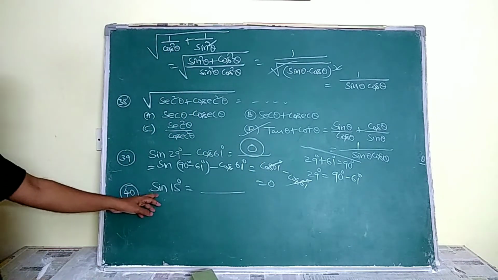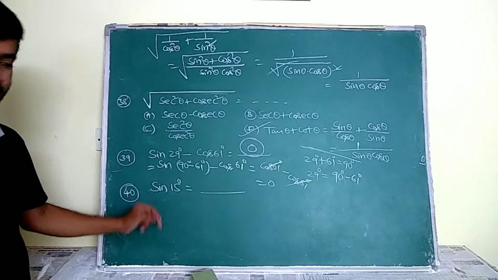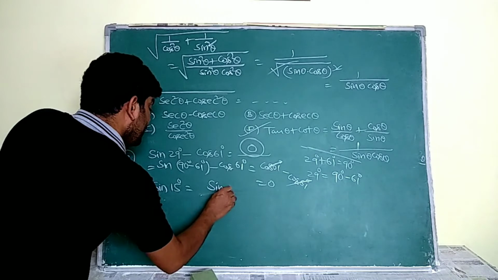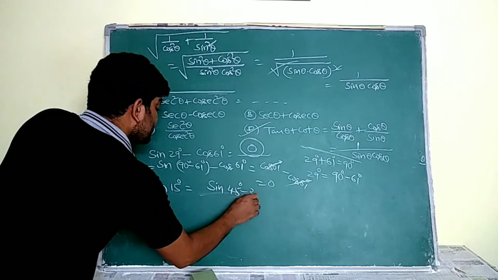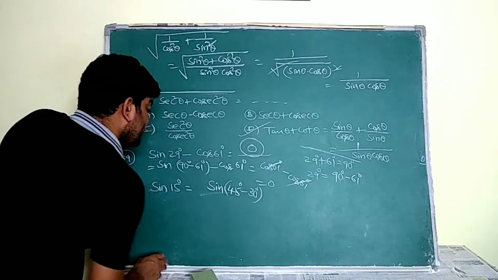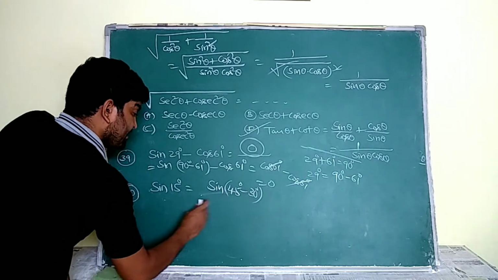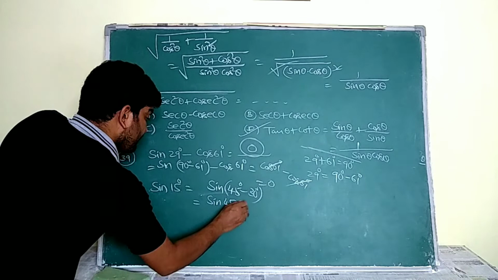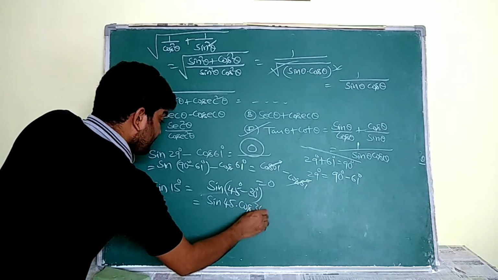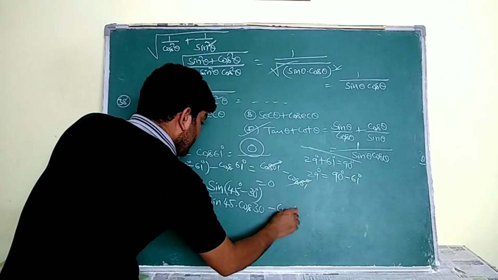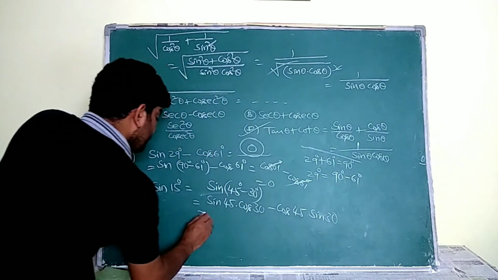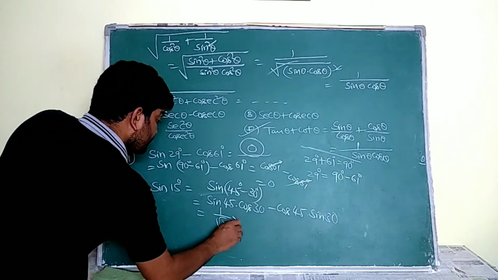Okay, now see. Here we have to calculate the value of sin 15. Sin 15 means you don't know it. That's why I arrange that 15 with the known angles. So 45 degrees minus 30 degrees. So it is in the form of sin A minus B. What is sin A minus B? Sin A cos B minus cos A sin B. So sin 45 means 1 by root 2.